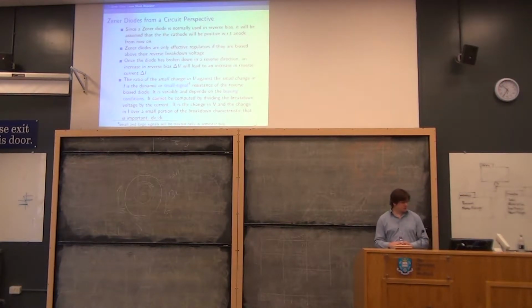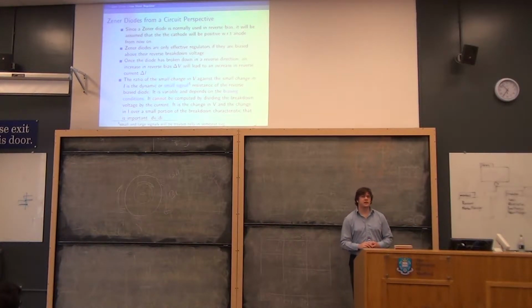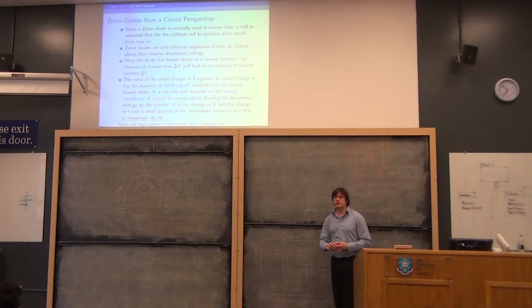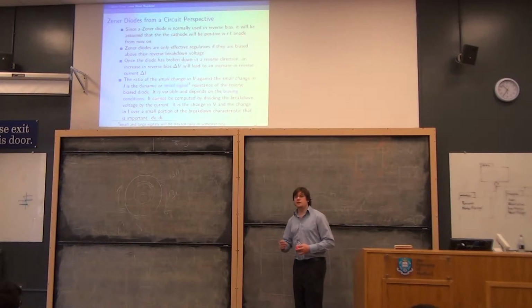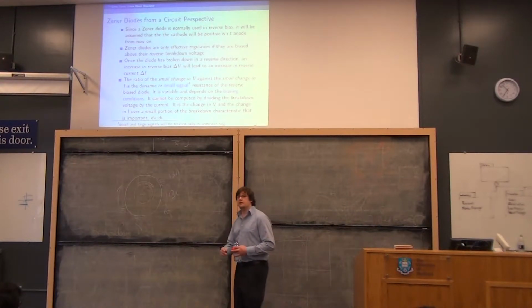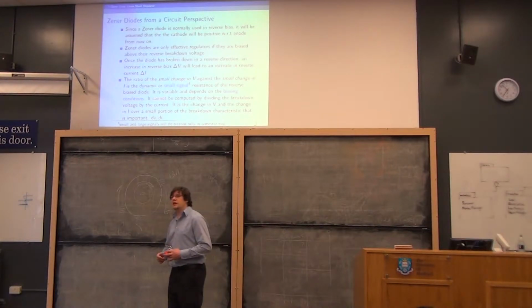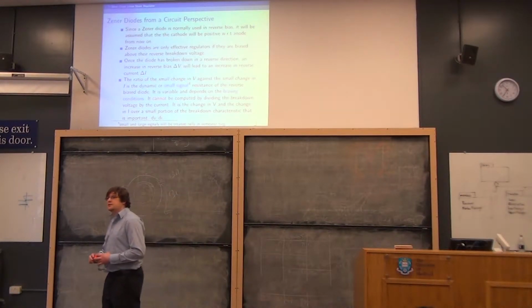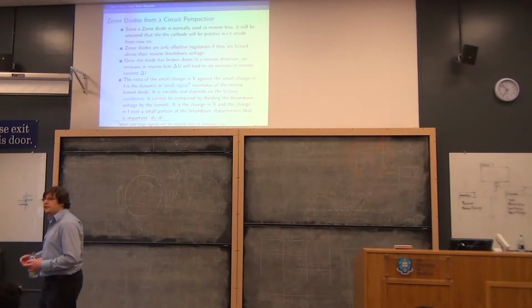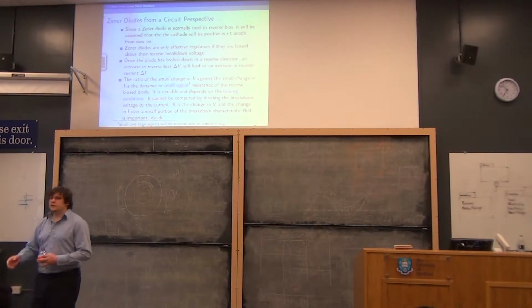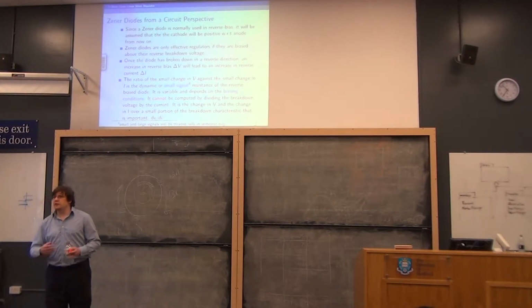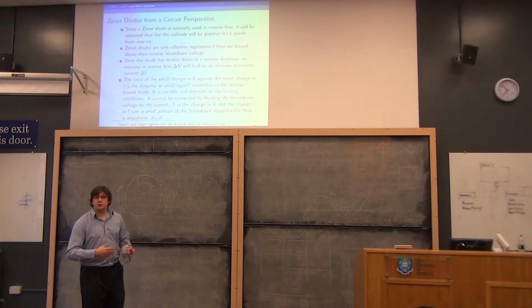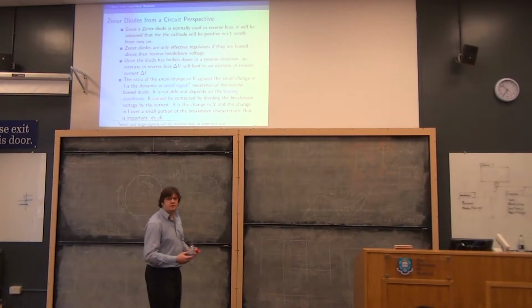So the small signal resistance is variable, and it depends on the biasing conditions. That's to say, if I have my Zener diode at, say it was a 15 volt Zener diode, so it's going to break down at 15, I've got it at 15, it's conducting a milliamp, it'll have a certain small signal resistance, which I could work out. And then if I had it at 20 volts, it would have another small signal resistance, which I could work out, and they'd be different.